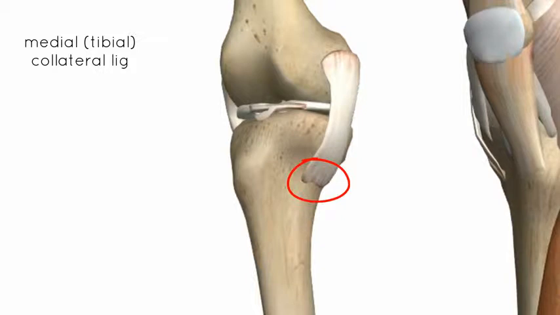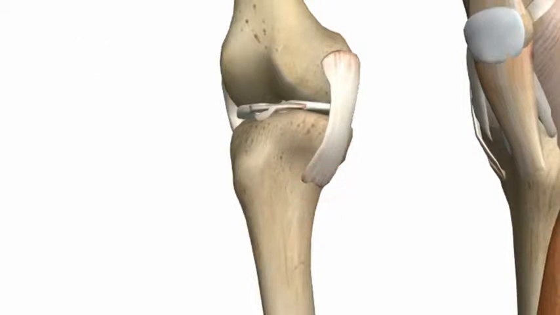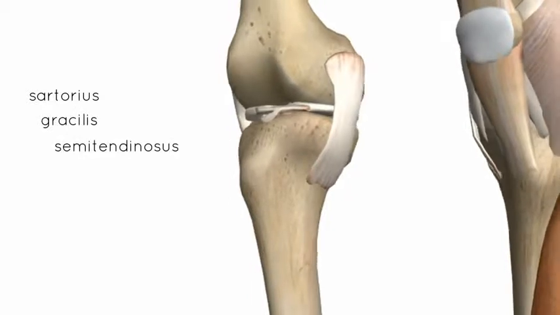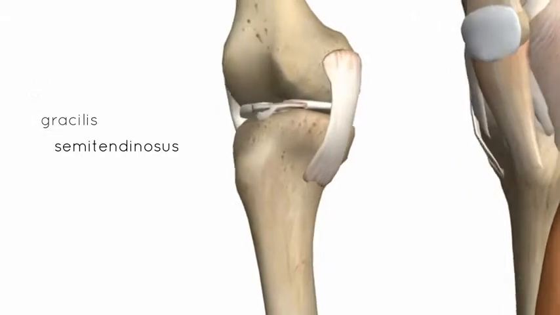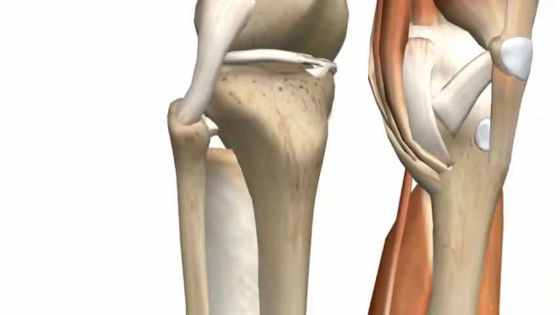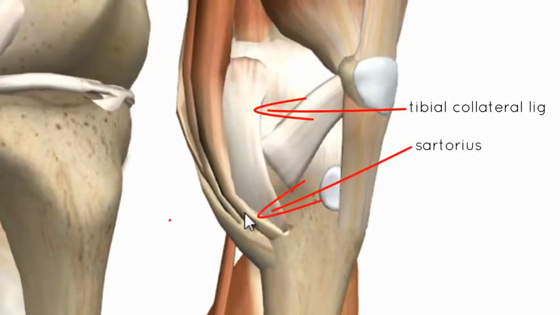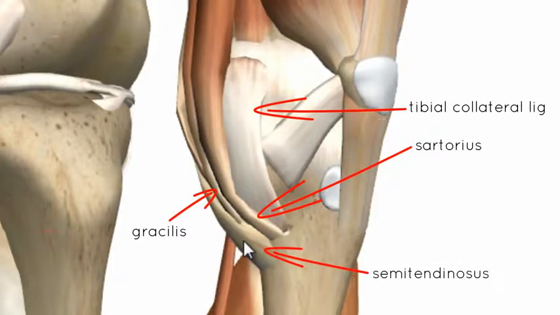So it attaches medially on the tibia just a little bit above the insertion points of the sartorius, gracilis and semitendinosus. If I just rotate the model around, you can see the tibial collateral ligament here, and the three tendons of the sartorius, gracilis and the semitendinosus muscle.